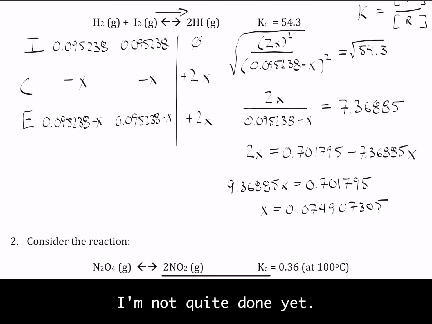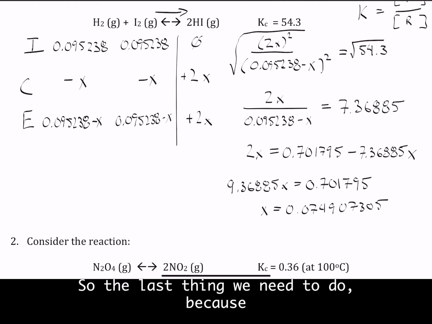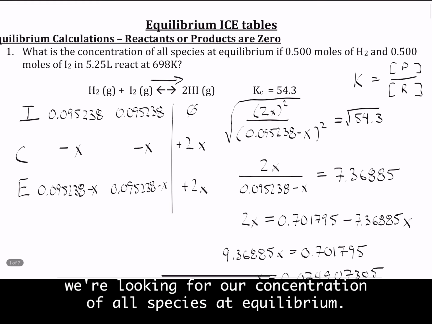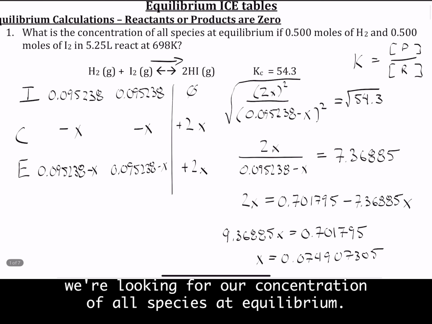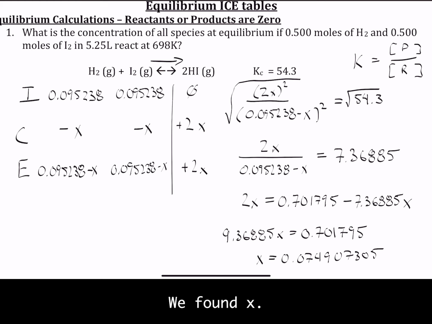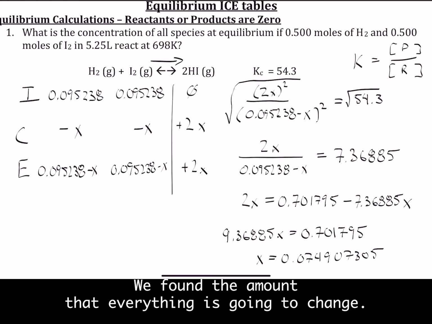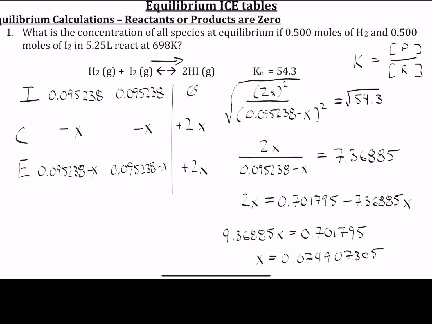I'm not quite done yet. So the last thing we need to do, because we're looking for concentration of all species at equilibrium, we found x, we found the amount that everything is going to change by, so we've got to plug that back in.